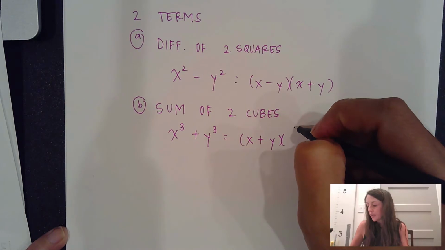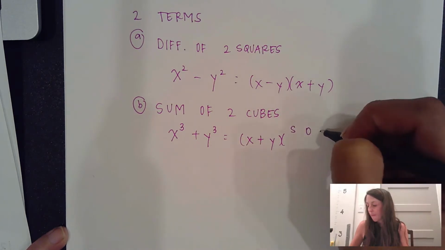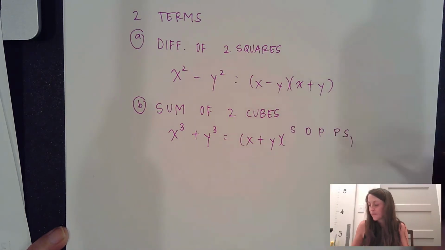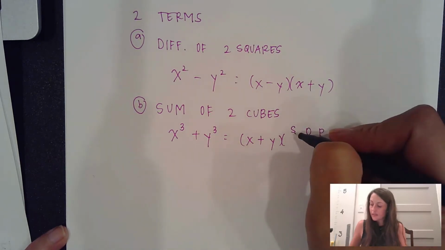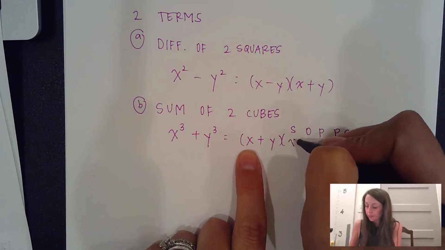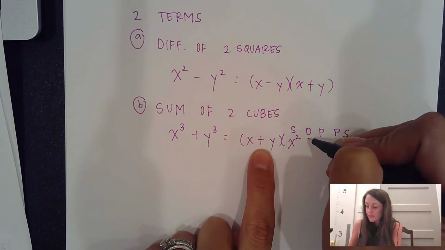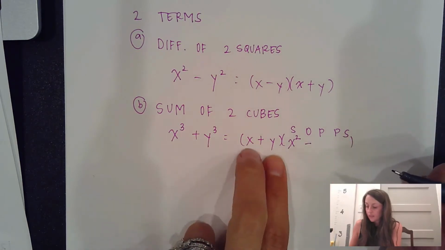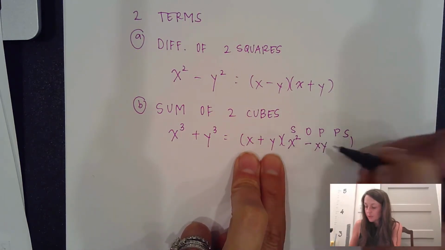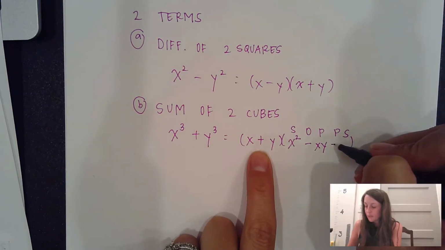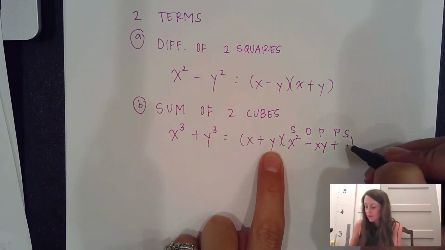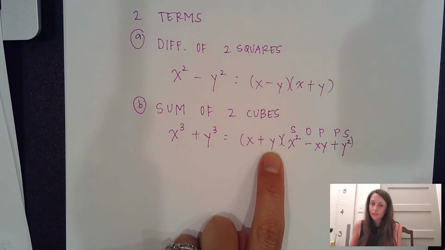And then you're going to have inside of here SOPs. What that means is that you're going to square this term, it's going to be the opposite sign, it's going to be the product of the two, it's going to always be a plus sign no matter what, and then it's going to be the square of that last term.